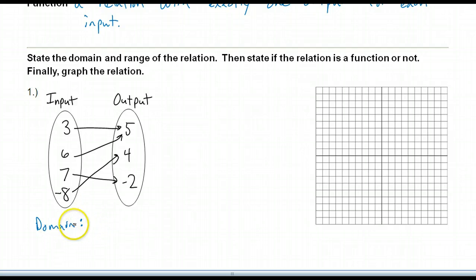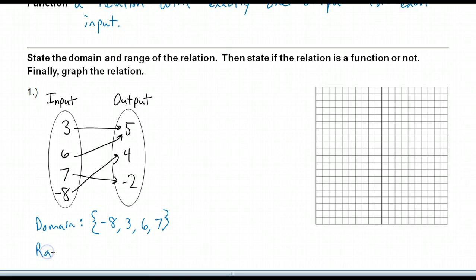The domain will be a set of numbers, so we're going to use set notation, a bracket, and we're going to list all the numbers in our domain starting with our smallest value. Our smallest value is -8, followed by 3, 6, and 7. And then I'm going to close the bracket.